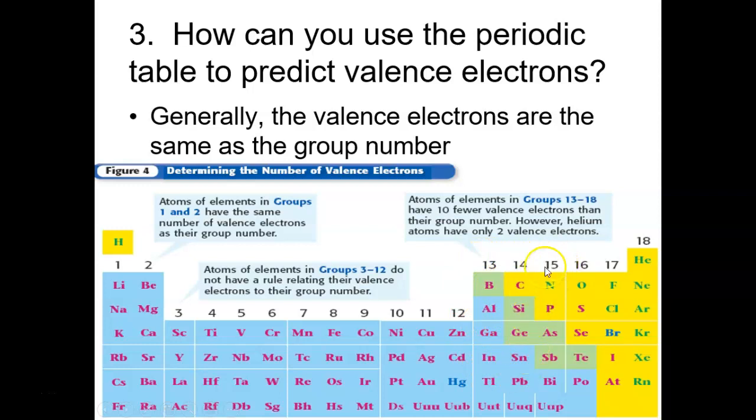Group 15, 5 valence electrons. And then group 16, 6 valence electrons, 17, 7 valence electrons, and just in case you couldn't tell, in group 18, we have 8 valence electrons. Those are your noble gases, remember. Their outer electron level, their outer shell is full, and therefore they are pretty much non-reactive.